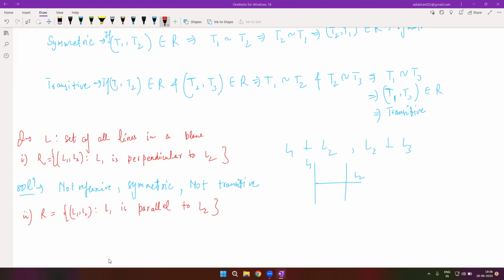Guys, every line is parallel to itself. Hence, the given relation is reflexive. Definitely reflexive. Now, check for symmetricity and transitivity.